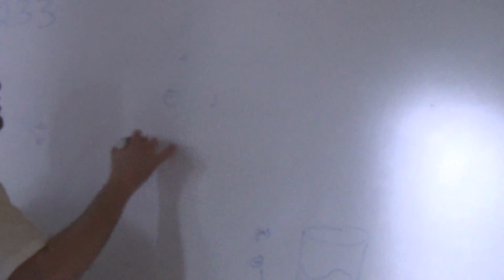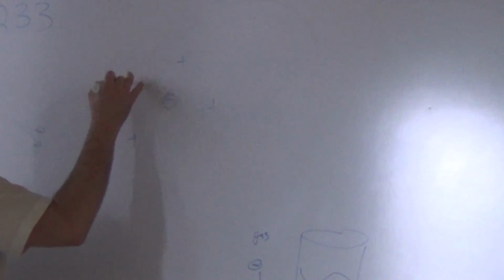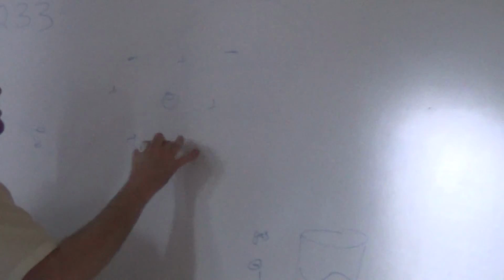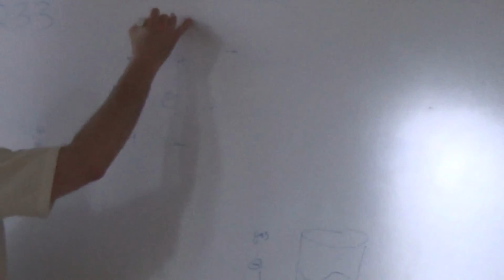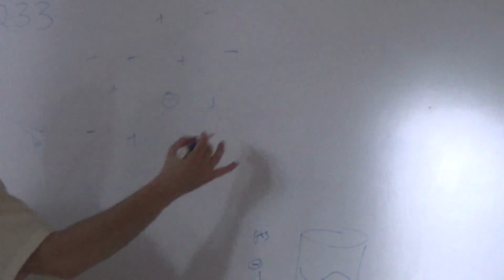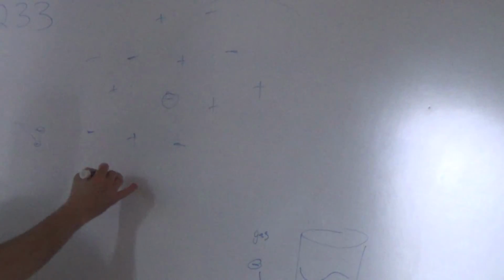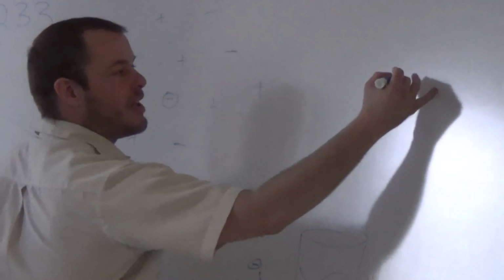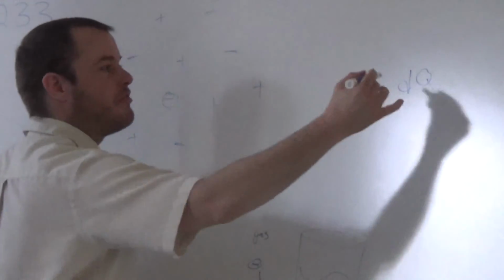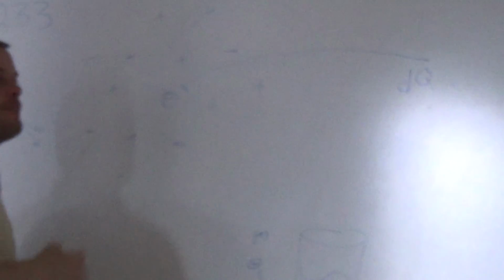And this thing is surrounded by other ions in that solution. Now I'm bringing in my dQ from out in infinity, and I'm trying to push it through here.